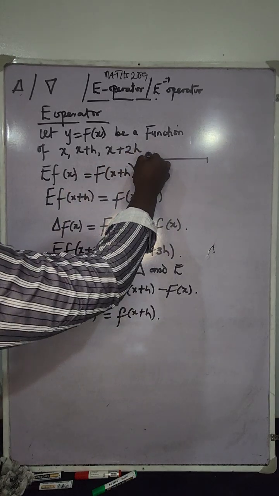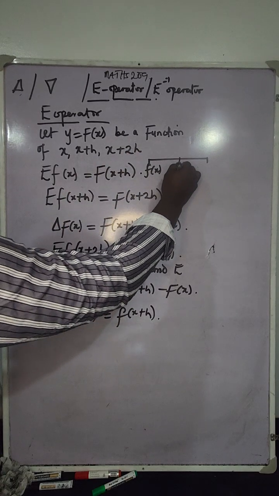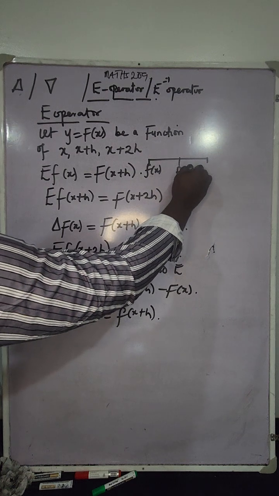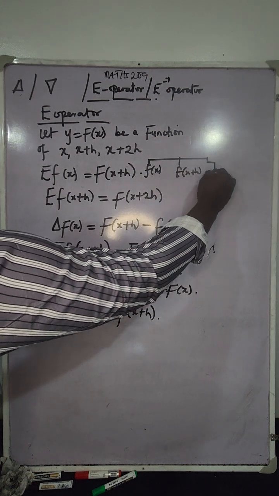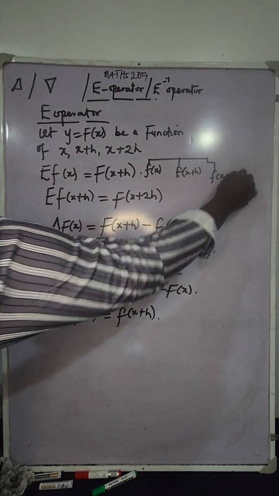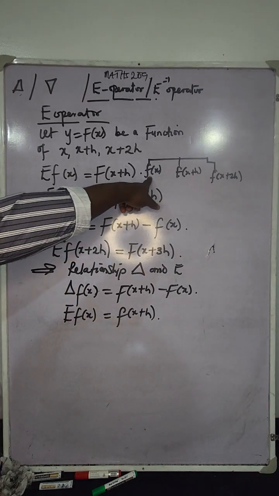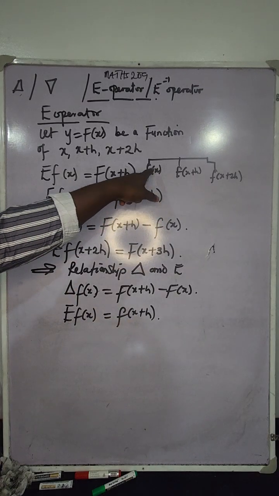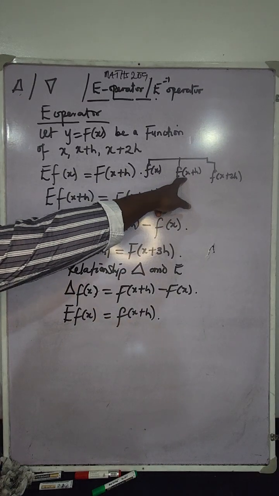So E f of x means pushing f of x to the next person. If this is f of x, this is f of x plus h, this is f of x plus 2h, and I'm at f of x and I say E f of x, it means push to the next person, f of x plus h.